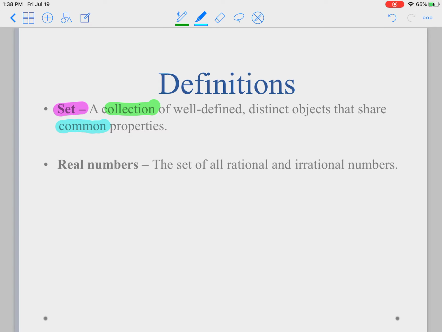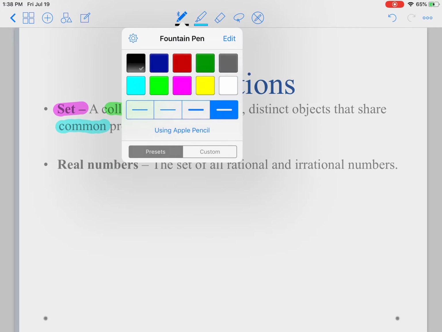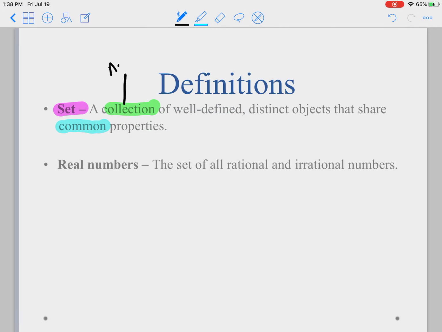Well, we're doing the exact same thing, except our collection is a collection of numbers. We are collecting numbers. And the numbers that we're collecting, we are then placing in a set. And each of these sets, we are then giving a name.